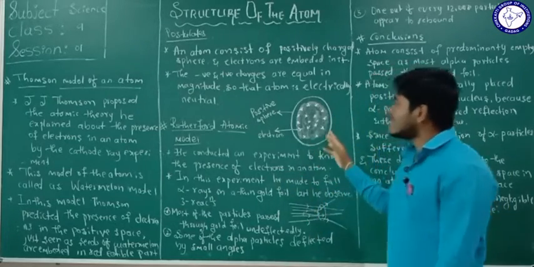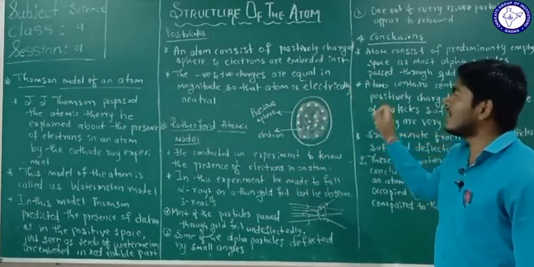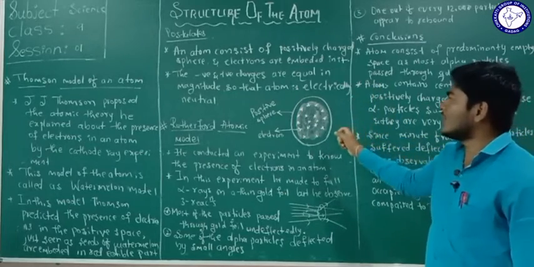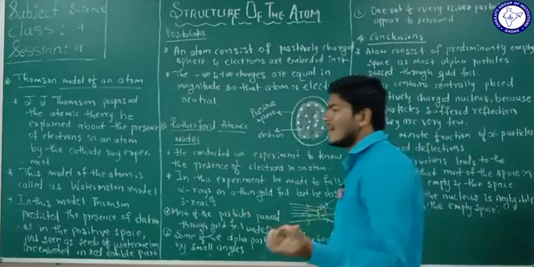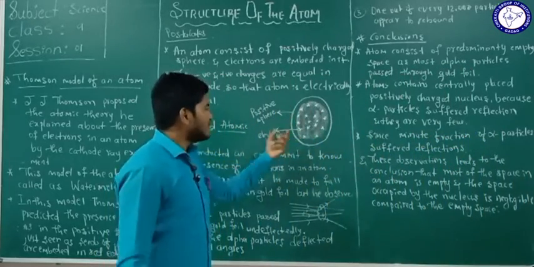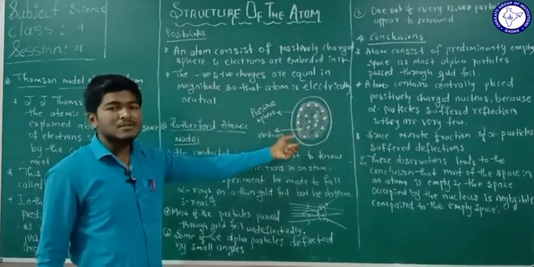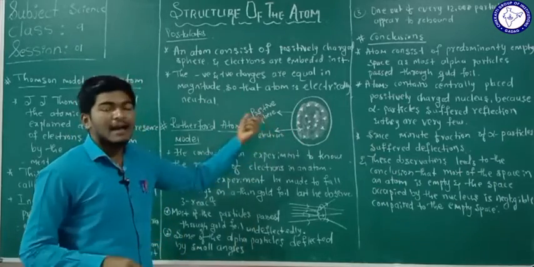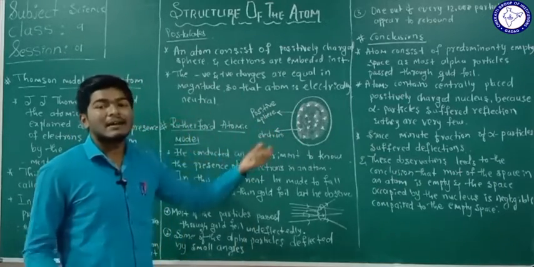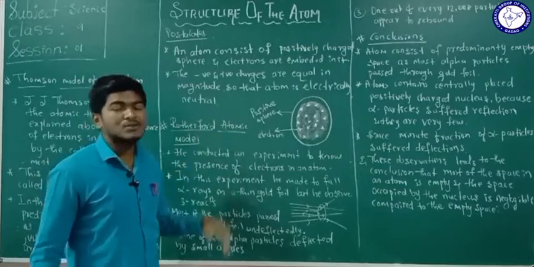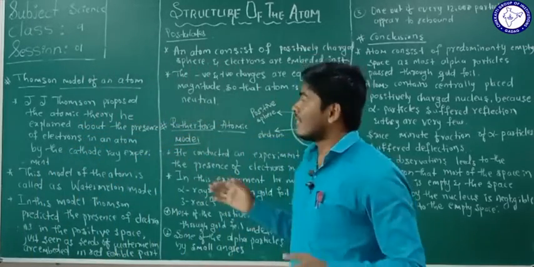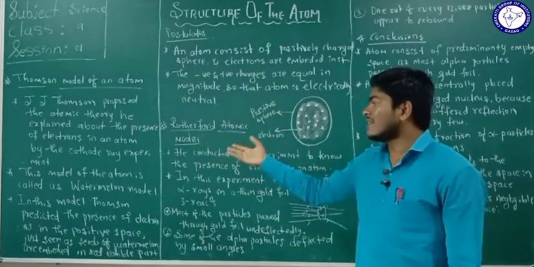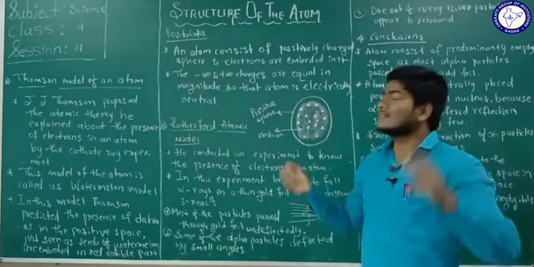And he says that the positive and negative charges are equal in magnitude, so that the atom is electrically neutral. The number of positive charges and negative charges in an atom are equal, and therefore an atom is electrically neutral. Based on his cathode ray experiment, he states two postulates here.